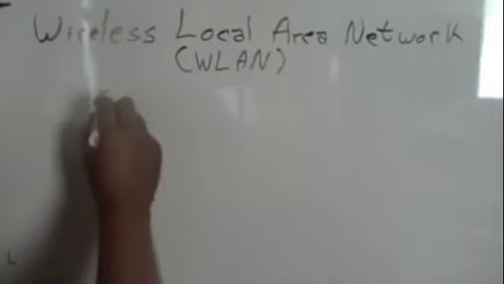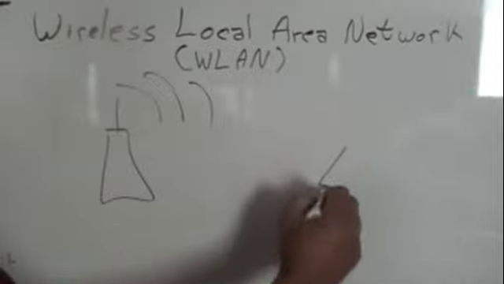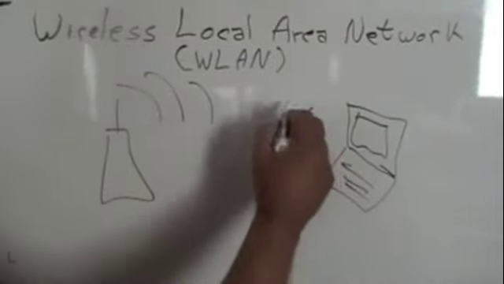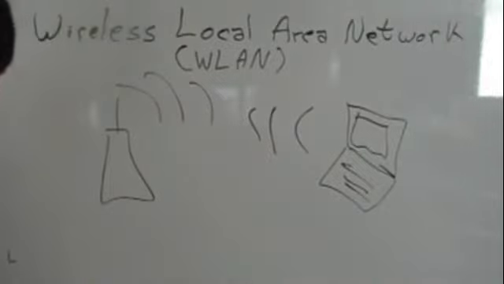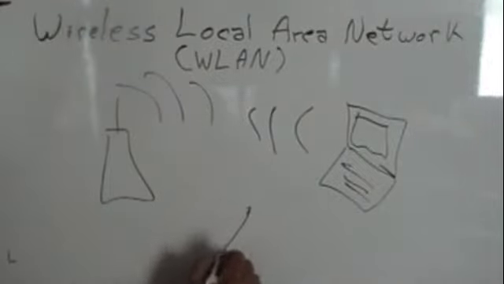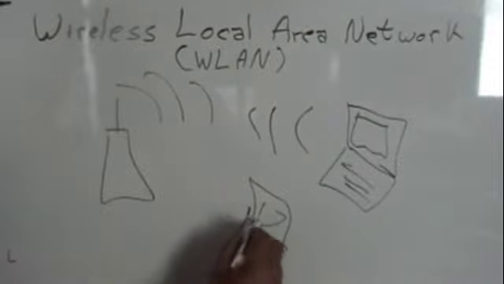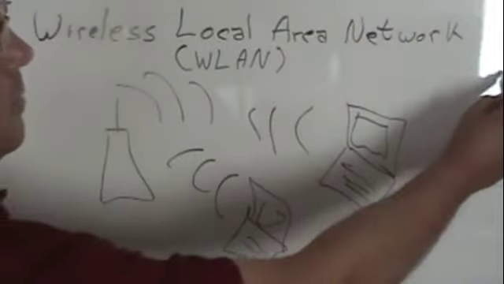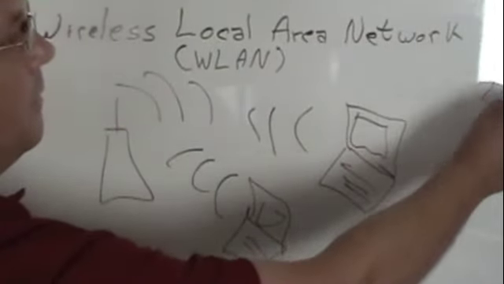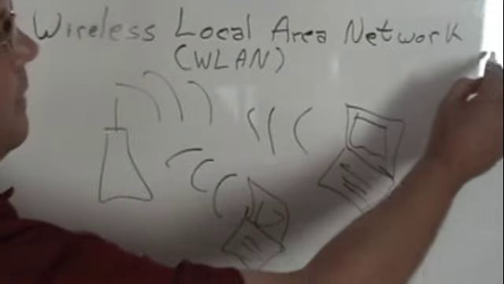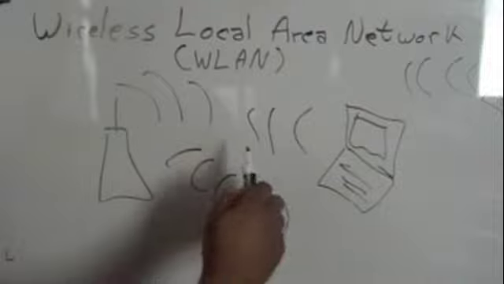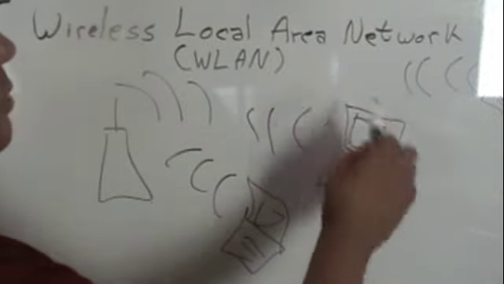You have a nice little modem, your computer here, and your child's computer over here. And if it's secure, then your neighbor's computer over here may be able to see that you have a network, but he can't do anything with it.